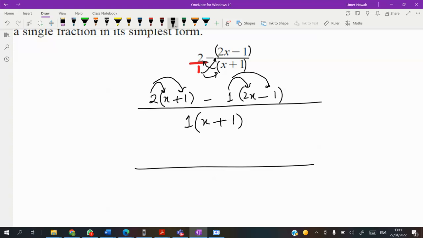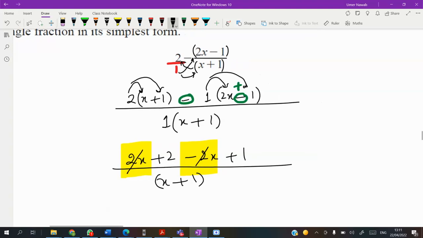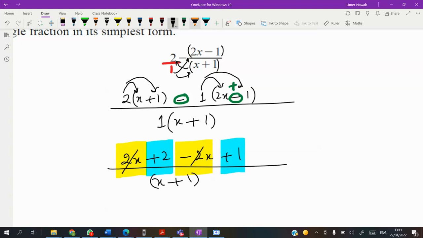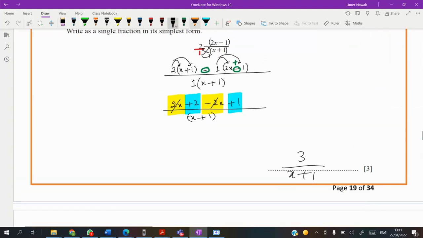Keep in your mind that outside we have a minus sign. This minus changes to plus. So this is 2x plus 2 minus 2x, and 1 multiplied with 1 is plus 1, and x, just write x plus 1 because 1 multiplied with x plus 1 gives you x plus 1. Do we have any like terms? Yes. We have same numbers with opposite signs, cancel them, and 2 plus 1 gives you 3. So my answer is 3 over x plus 1.